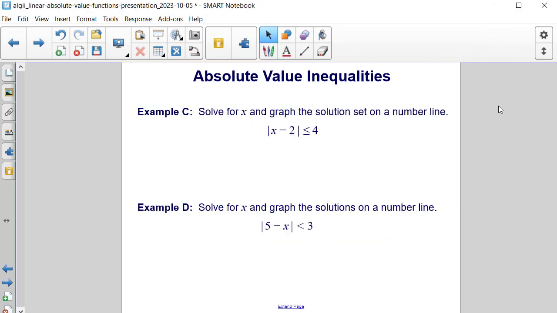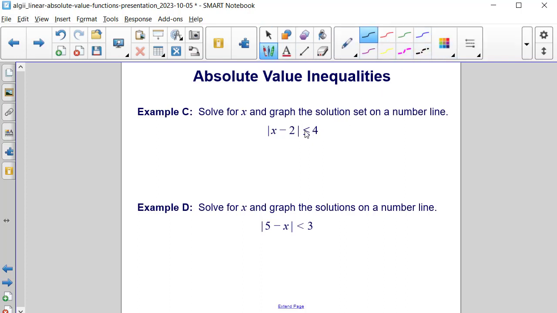Here are two examples where we are solving absolute value inequalities and graphing the solution set on a number line. The first one that we have is the absolute value of the quantity x minus 2 is less than or equal to 4. If you'll recall, absolute value inequalities that contain a less than sign or a less than or equal to sign produce an and statement.